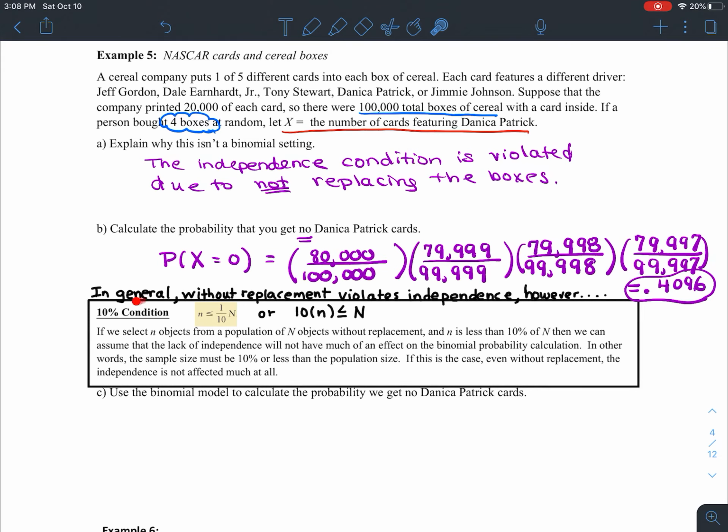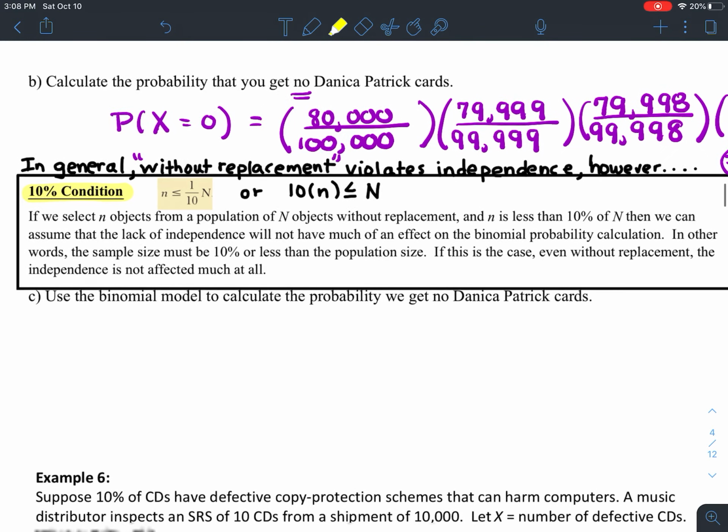Now here's the interesting thing about this particular idea. We do typically say that this notion of without replacement, which is what I was doing when I was picking 4 boxes of cereal and not replacing in between each selection, is certainly a violation of the independence condition. However, we have a condition called the 10% condition.